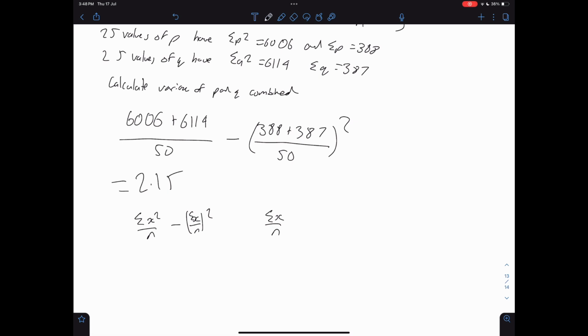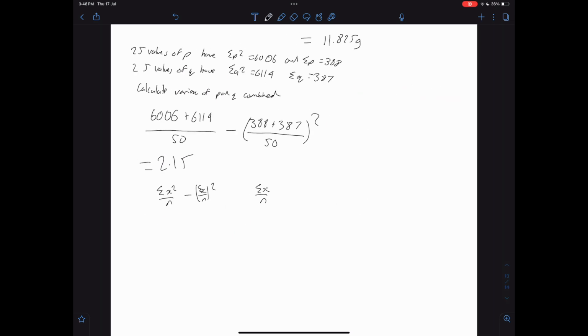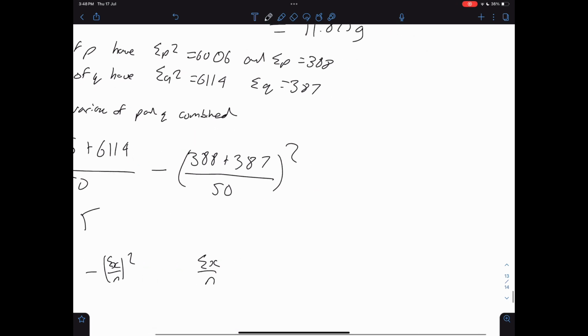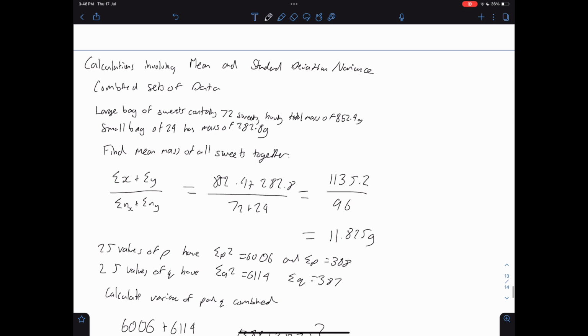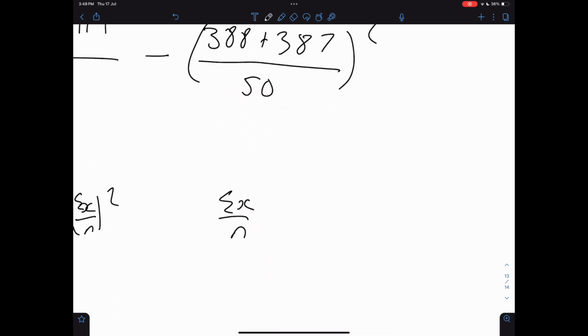You have to imagine that each p and each q are individual values of x, so you have to add all of them together. And for this one you have to imagine each sweet is a value of x, and you have to add them all together and divide them by the new number of sweets to get your mean.